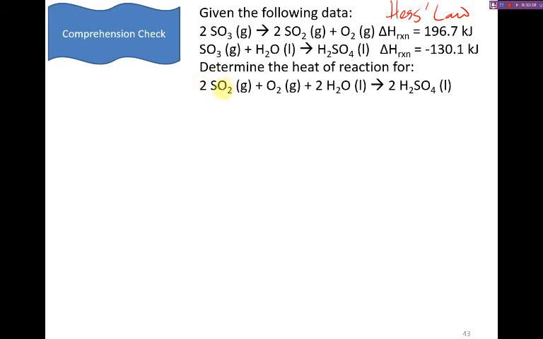So my recommendation is, let's label these as reaction 1, reaction 2. And start by identifying one of the substances in the final reaction that only shows up once in the reactions above. So here we've got sulfur dioxide gas. It's in reaction 1 right here. And we have the correct amount, but it's on the wrong side of the equation. So we need to multiply this whole equation by -1.